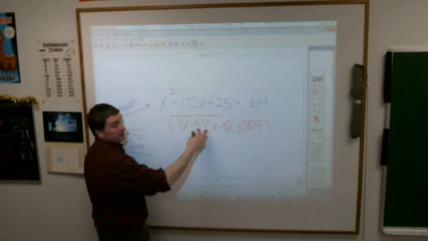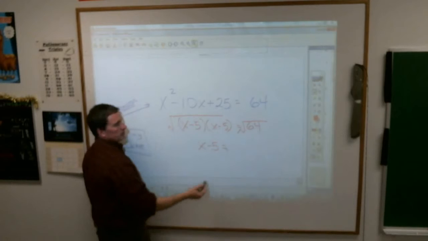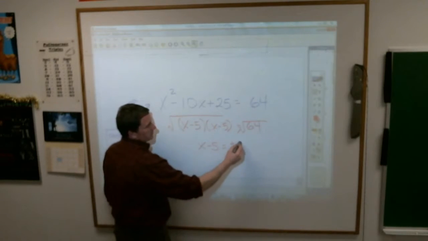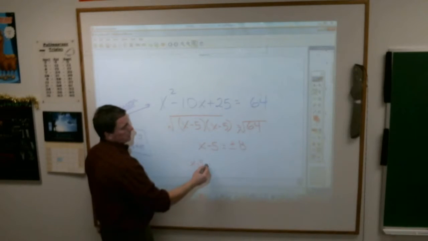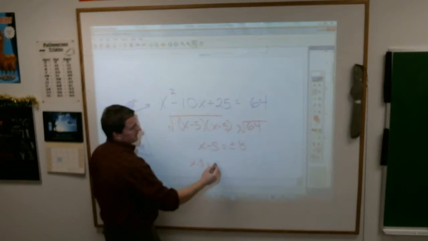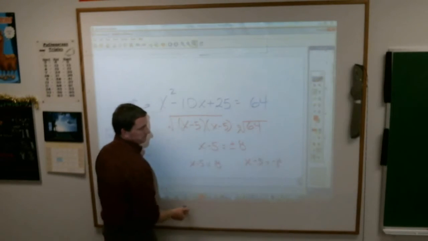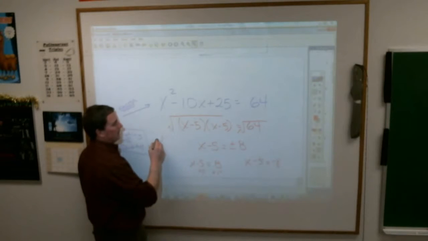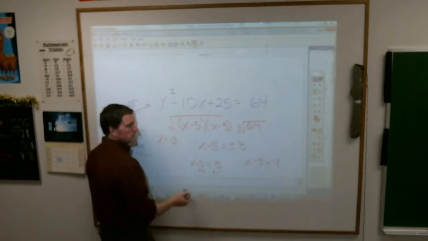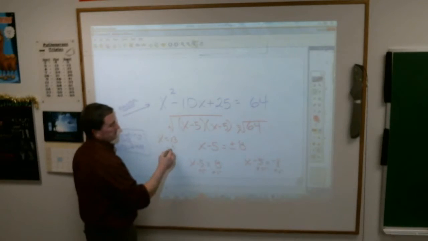Two identical factors give you that factor, so I get x minus 5 equals the square root of 64, which is 8, so plus or minus 8. So you have x minus 5 with two equations. One time you get the positive 8 side, the other time you get the negative 8 side. Add 5 to both sides. So one answer should have been 13, and one answer should have been negative 3.